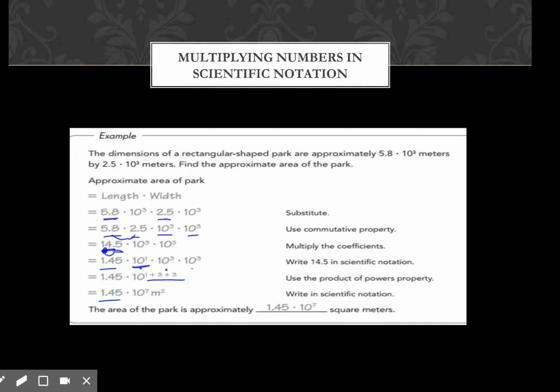So we get 1.45 times 10 to the 7th. Again, I'll let you use a calculator. I'm going to be using a calculator while going through this lesson, so no, I'm not pulling these numbers out of thin air. But again, you're using the product of powers for the exponents and just multiplying your coefficients, and then only moving a decimal to get something back in scientific notation.